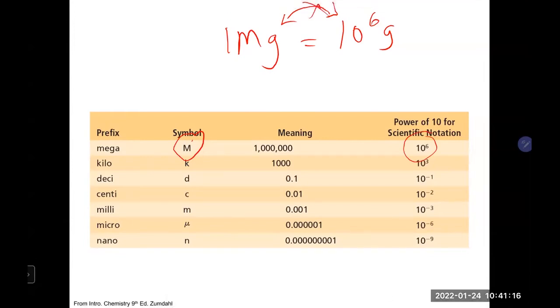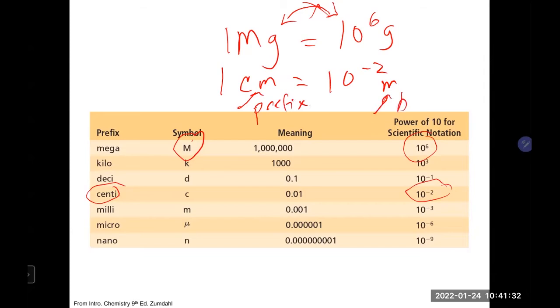For example, if we had centi, which is 10 to the minus 2, what that means is in 1 centimeter there is 10 to the minus 2 meters. Centimeter is the prefix. Meter is the base unit. So that is a very, very common error that people make all the time. They go to a table like this, pull that off, and say, okay, that's how much there is of the prefix unit to the base unit.